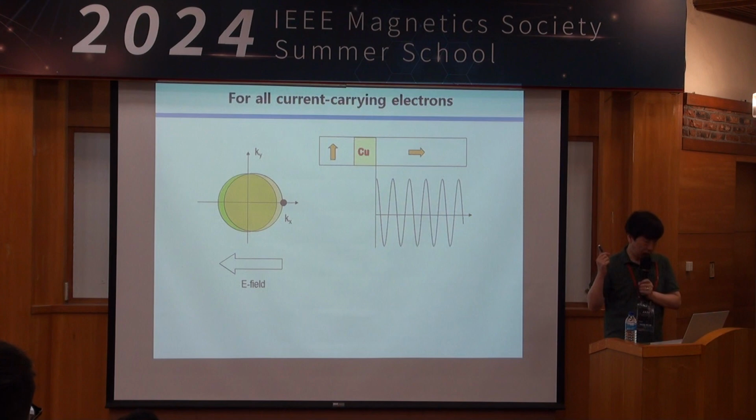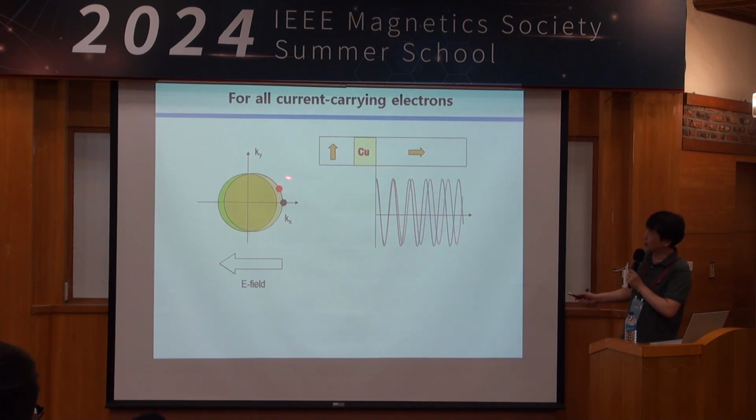However, we have not only this state, but also that state, meaning an electron moving in that direction. Because the kx projection of this red state is smaller than the black one, the wavelength becomes a little bit longer. So you have this precession.